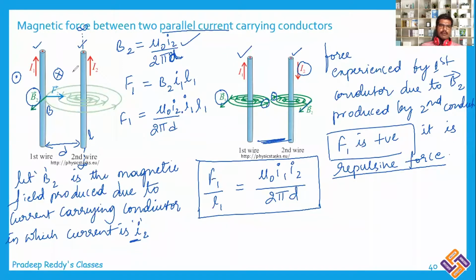And because of this second one, the magnetic field here will be outward, the magnetic field here will be into. And because of this I1, the magnetic field here will be into, the magnetic field here will be outward. Likewise, because of this, the magnetic field here will be into, the magnetic field here will be outward, right?